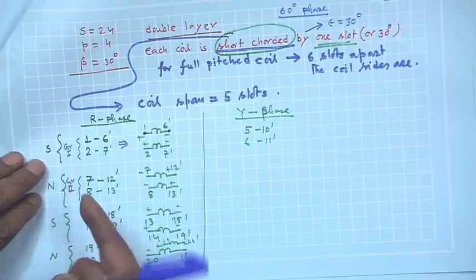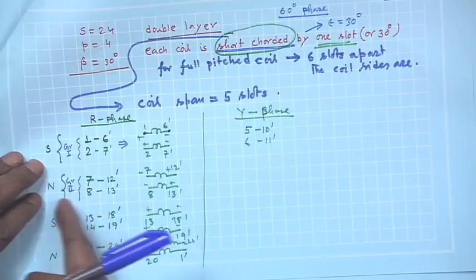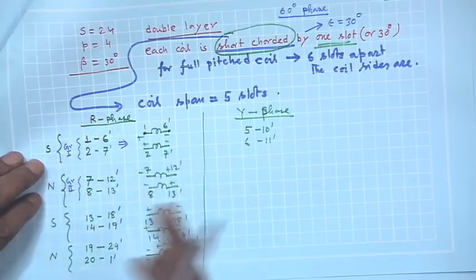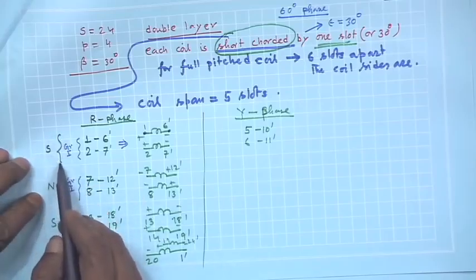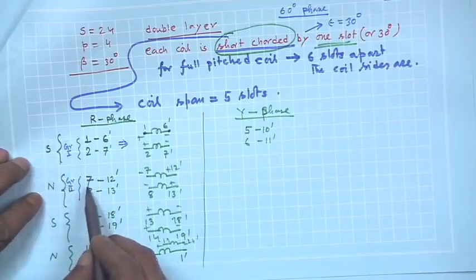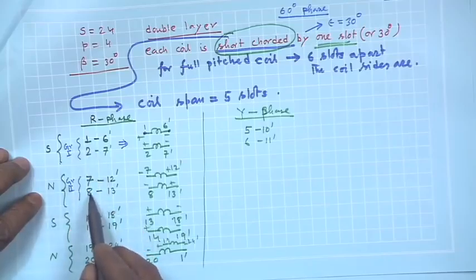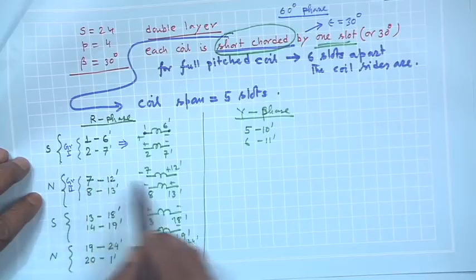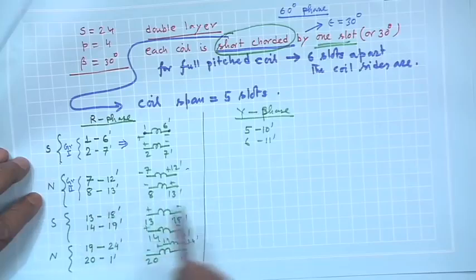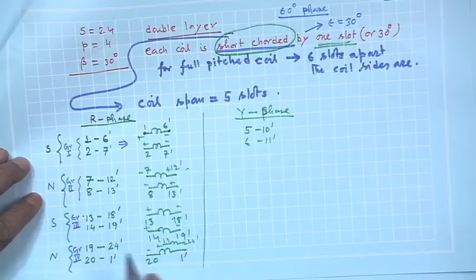But where will the next 2 consecutive slots be allotted to R phase? It will be 180 degree after that, because after all the south pole will finish after 180 degree. So, it will be 1 plus 6, 7 and 8 should be allotted, then 7 and 12 dashed is its return, and so on, and this is group 3 and this is group 4.